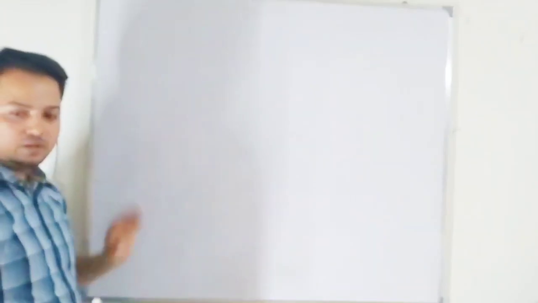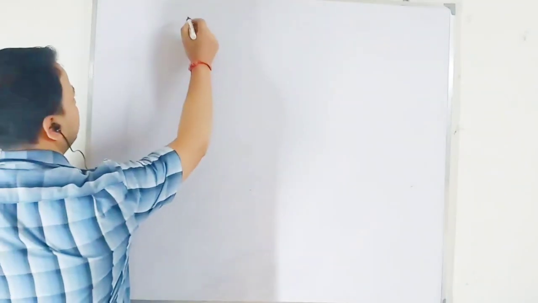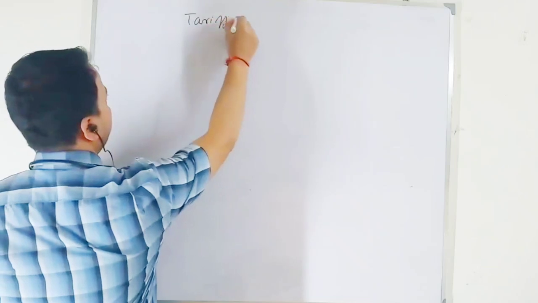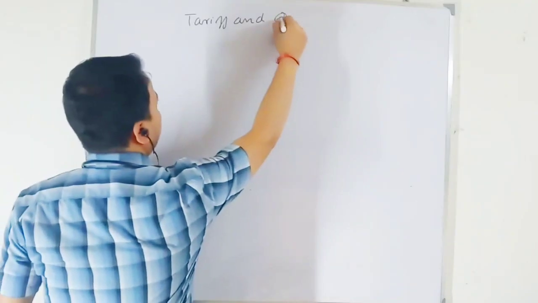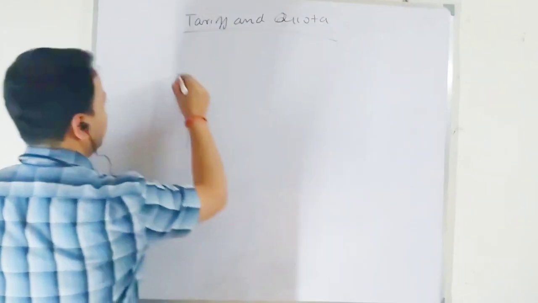So actually I am talking about tariff and quota, and about the equivalency aspect of tariff and quota. In the previous lecture, I talked about the equivalency aspect of tariff and quota. So this is what I have done.